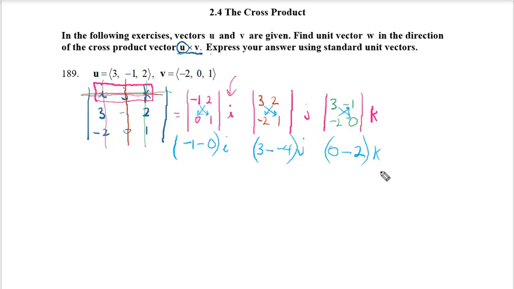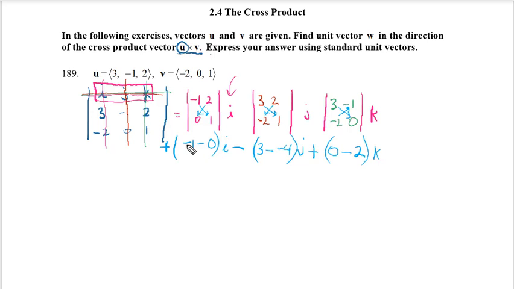Now, the signs, since we're expanding about the first row, are going to be positive, negative, and positive. They always alternate, positives and negatives. And depending on where you start, you either start with a positive or start with a negative. Had we started down here on the second row with the 3, we would have come out with a different pattern of positives and negatives.